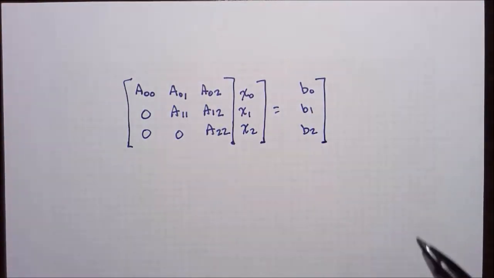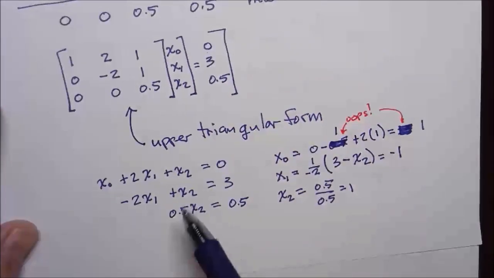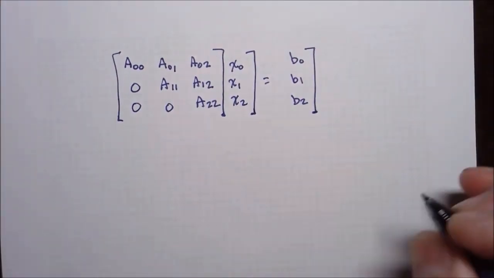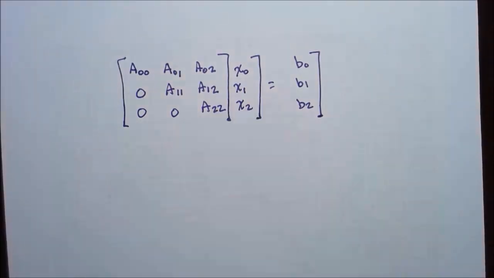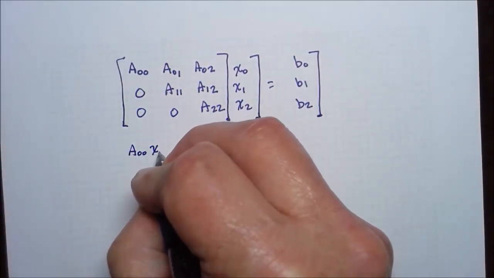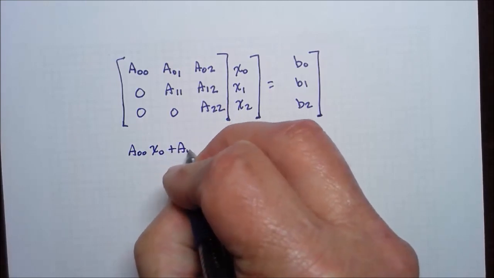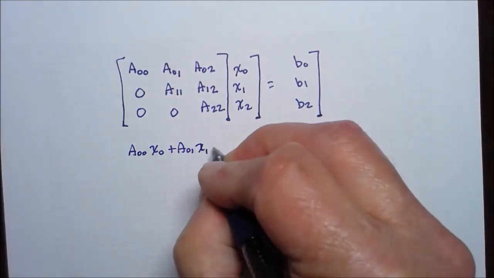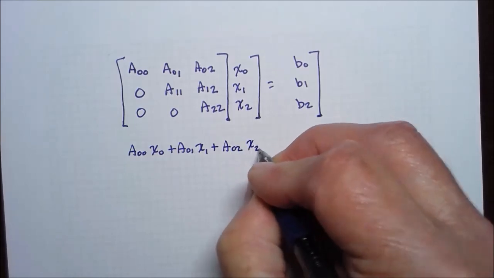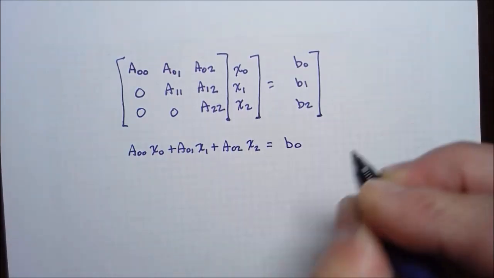So this is just a symbolic form for this set of equations that we have already worked out, which if we write this out longhand style, we get A00 x0 plus A01 x1 plus A02 x2 is equal to B0.